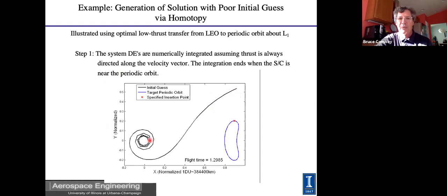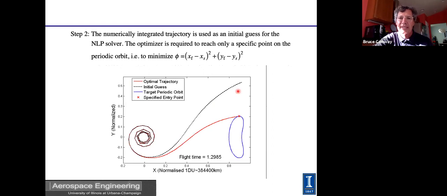You do have to pick the right starting point, because if you don't, you'll end up going off to the left instead of off to the right. But that's trivial. But so we pick a good starting point, we get here. So then the next step is to use that as an initial guess for a second nonlinear program where we require to hit a specific point on the orbit, but still not necessarily the one that minimizes the fuel use.